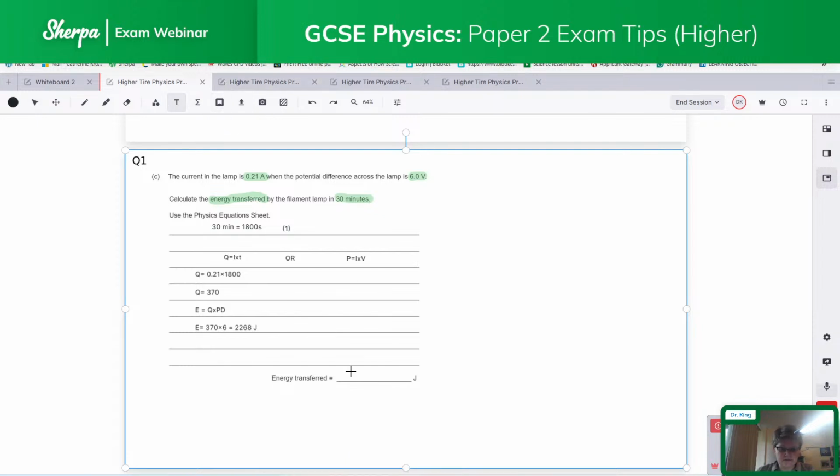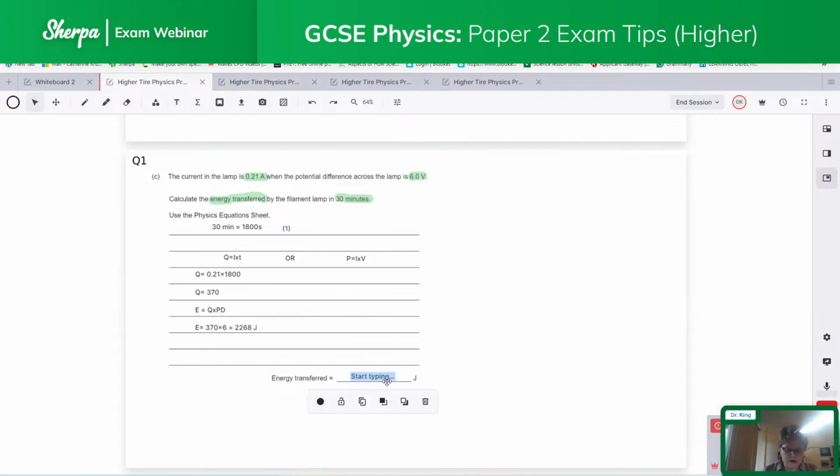Let's check if calculating that from the power will give us the same result. So the first step to calculate that from the power is P equals 0.21 amps times 6 volts, which gives you 1.26.